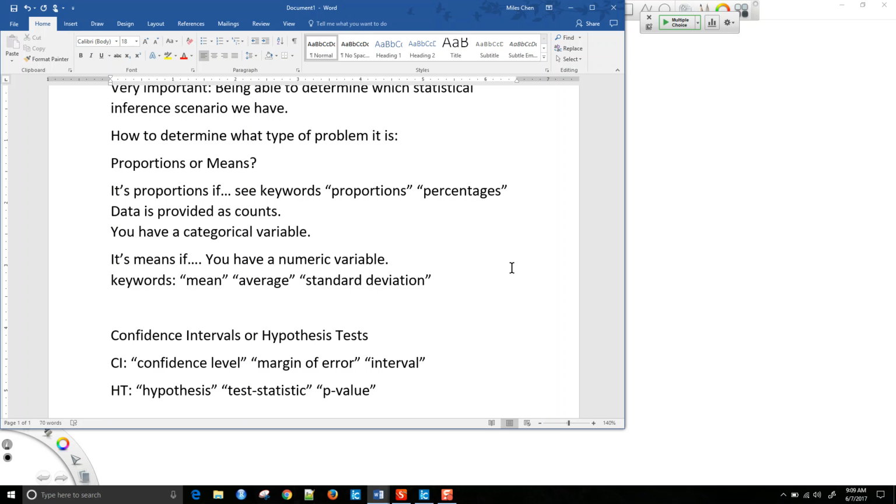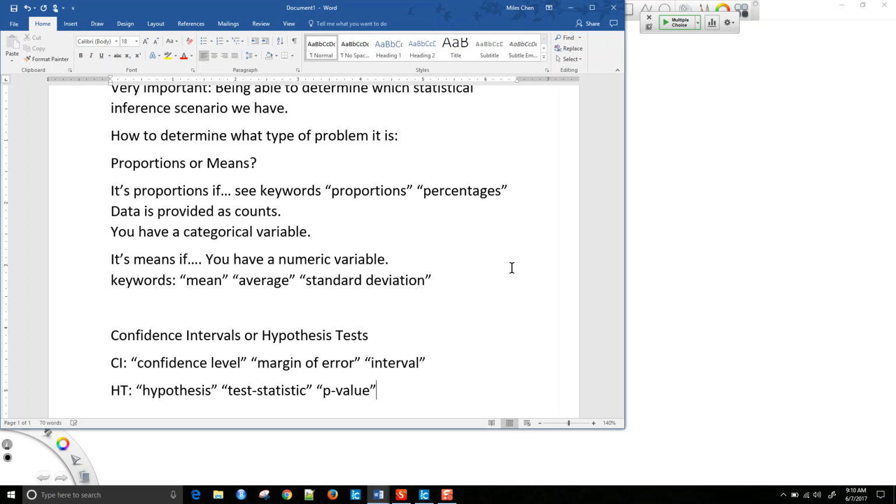So as you're going through the problem, these are kind of the things that distinguish between confidence intervals and hypothesis tests. Other questions, those can apply to both. Things like, do we have evidence of this? That applies to both a confidence interval and a hypothesis test.